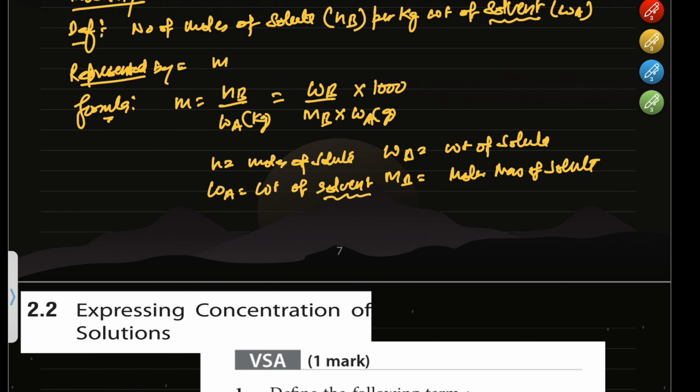When the weight of the solvent is in gram, then it is multiplied by 1000.